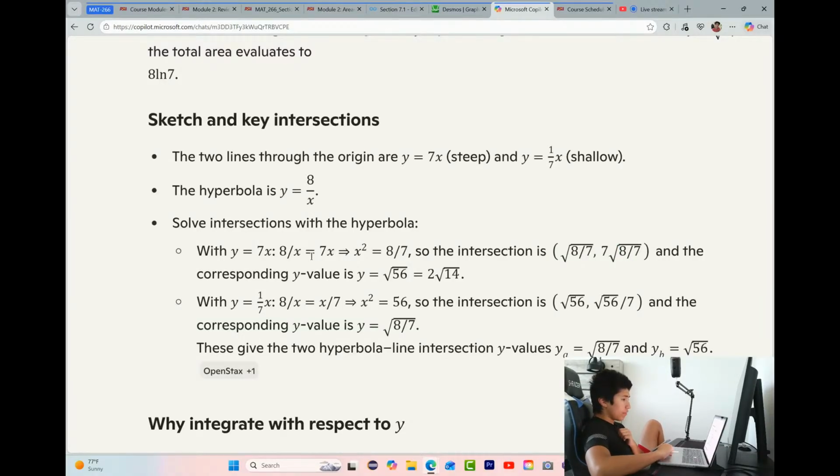And the corresponding y value, wait, isn't this a y value? What do you mean by the corresponding y value?